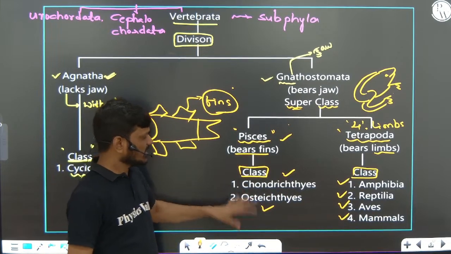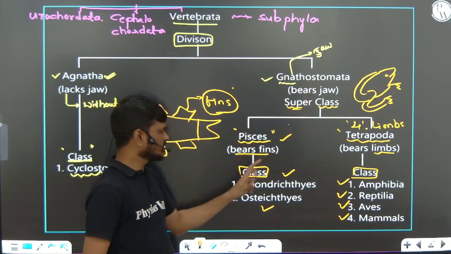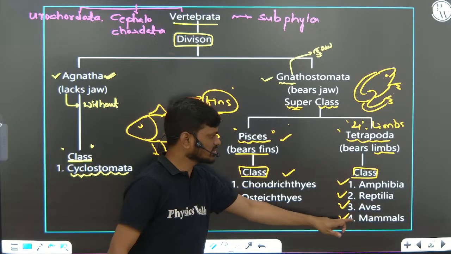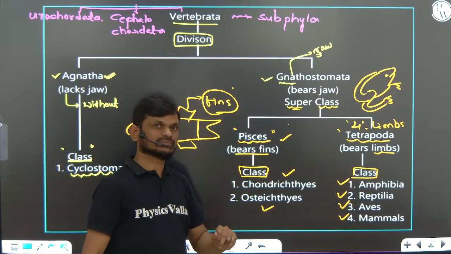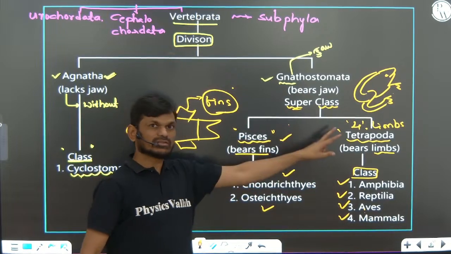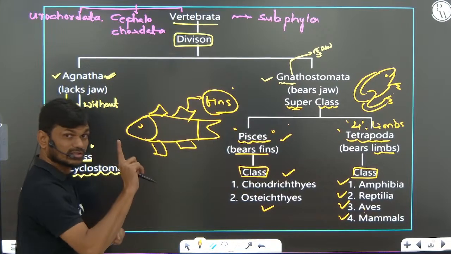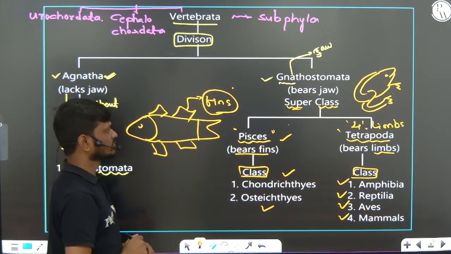Pisces into Chondrichthyes, Osteichthyes. Sometimes they ask: Gnathostomata is classified into six classes, or two superclasses. Right answer. Agnatha contains only one class. Right answer.